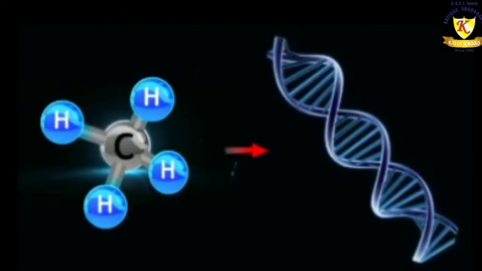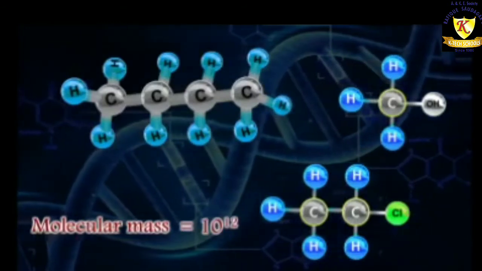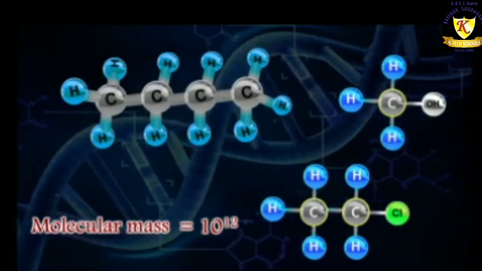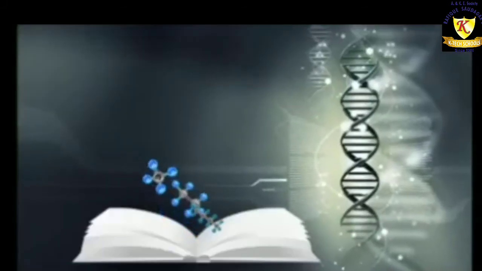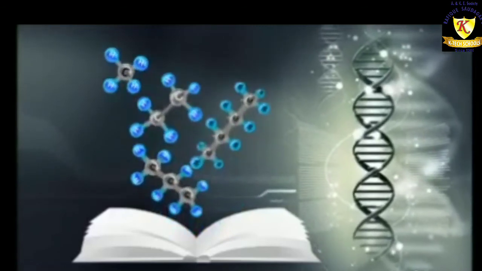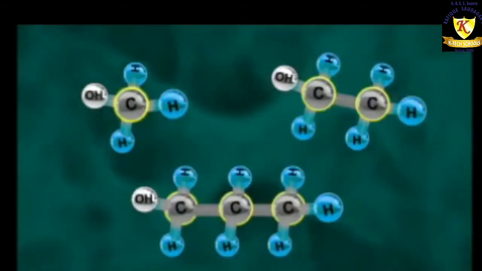Millions of molecules ranging from the small and simple methane molecule to the extremely big DNA molecule are made from carbon. The molecular masses of carbon compounds range up to 10 raised to 12. This means that carbon atoms come together in a large number to form extremely big molecules.